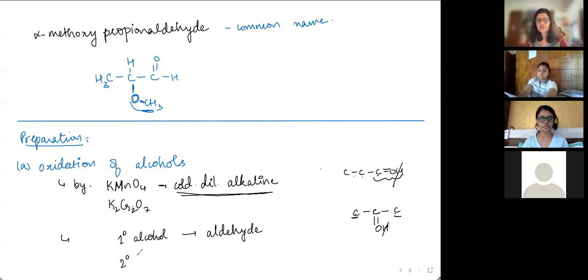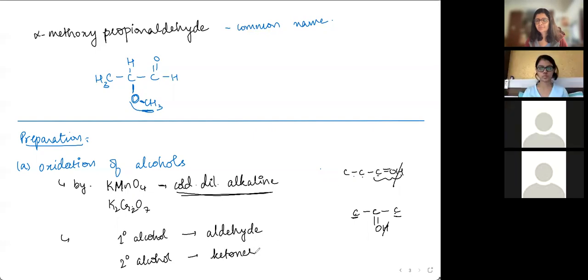So primary alcohols give aldehydes, secondary alcohols give ketones. If you want aldehydes, take something that's in the corner, because you want the C double bond O oxygen to be in the corner. For ketones, take something that's in the middle, so that's why you take secondary alcohols.